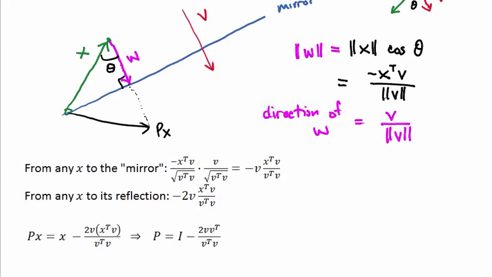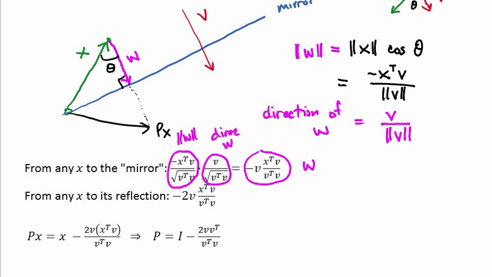So altogether the vector w then is just the product of these two things: negative x transpose v divided by norm v squared. So this is the length of w, the direction of w. So this thing here must be w.